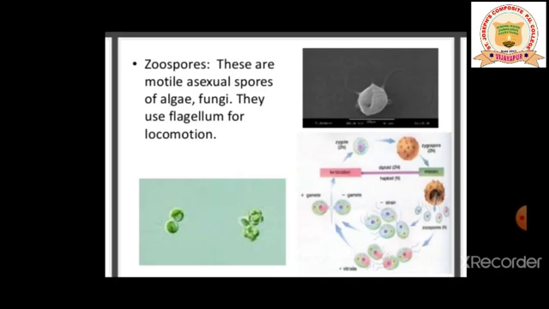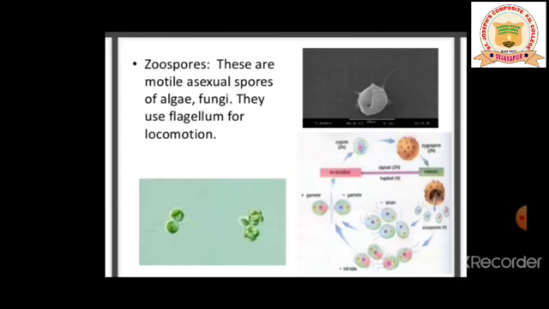If you see on your screen, I have written zoospore. The members of kingdom fungi and simple plants such as algae reproduce through a special asexual reproductive structure. The common one of these is zoospores.